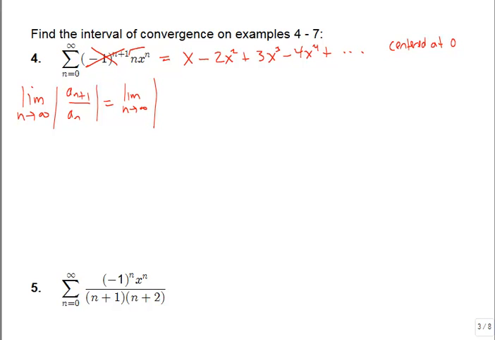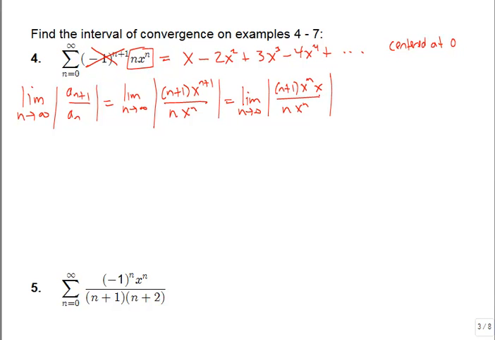So this is all I need to look at for my a sub n's. So a sub n plus 1 will be n plus 1 x to the n plus 1, and a sub n will be n x to the n. Breaking up that power on the numerator, this is going to be n plus 1 x to the n times x over n x to the n. These will cancel out.